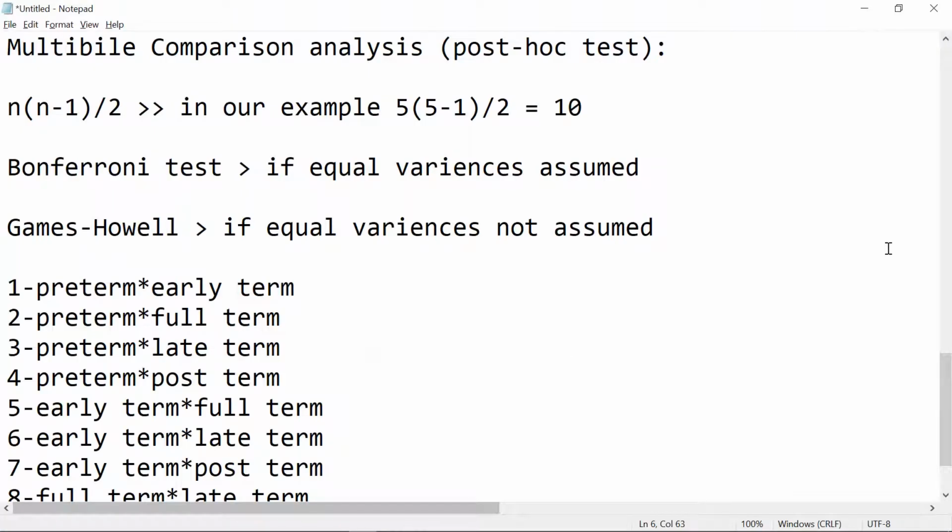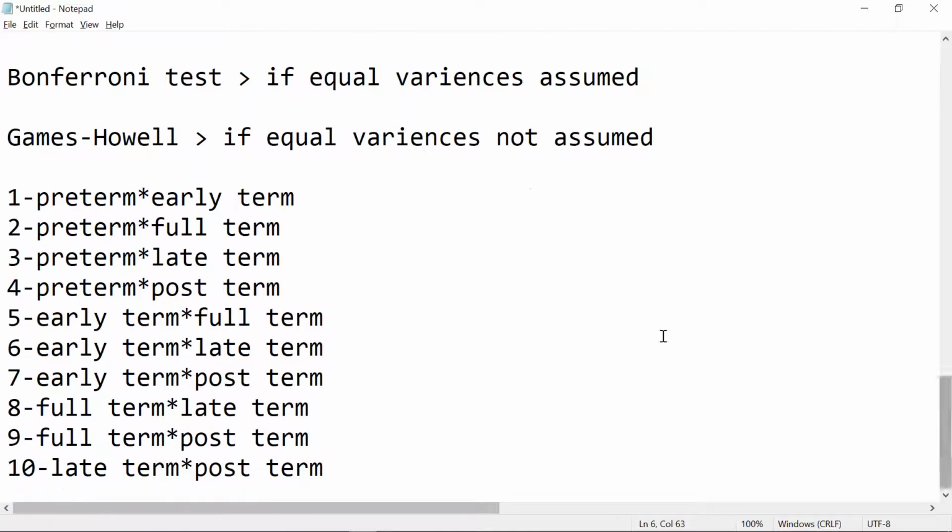For the multiple comparison analysis or post hoc testing, we first have to calculate how many comparisons we will end up with. Here we have 5 groups: preterm, early term, full term, late term, and post term. Then we fill the equation and we end up with 10 different comparisons. Here we can see all 10 of them.